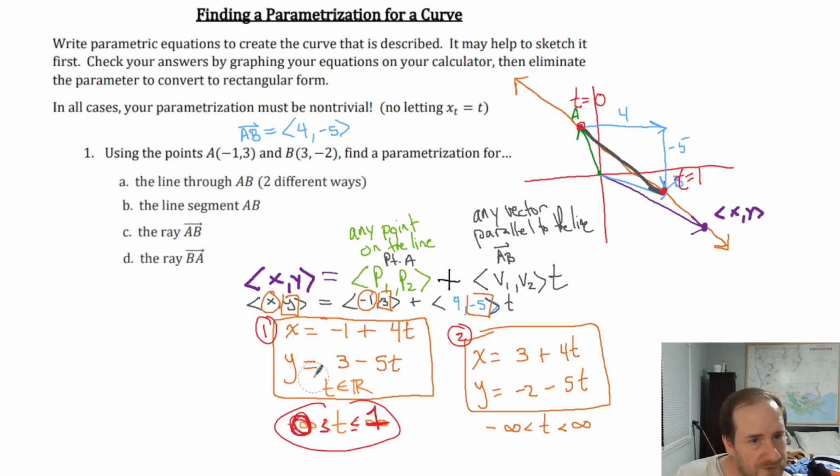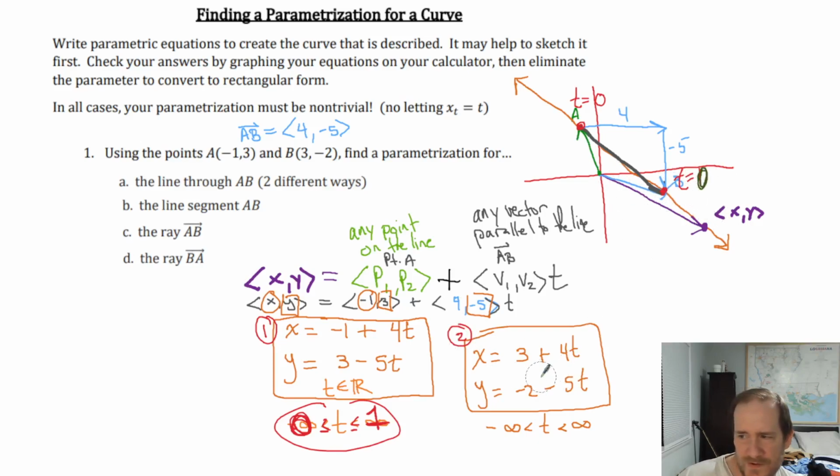So a slightly more interesting question is, how would you change this if you wanted to get the same line segment out of line 2? Well, if you were paying attention, then the only thing we changed here was we sort of seeded our equation with point B instead of point A. So using the second set of equations, point B is actually associated with time 0.